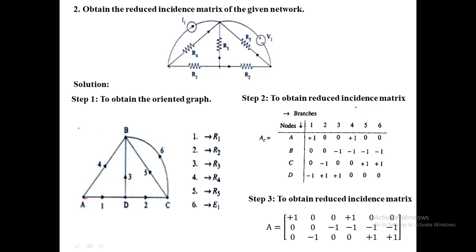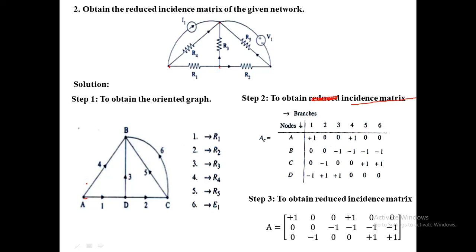Next we have to find the incidence matrix, not the reduced incidence matrix, we have to obtain the incidence matrix. We know that in the incidence matrix, first in the rows we mark the nodes A, B, C, D. Next the branches, it is having 6 branches.